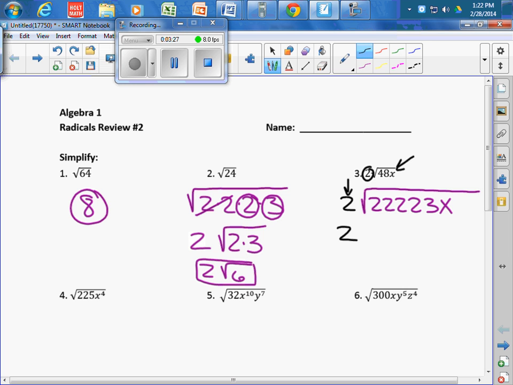This one is already out. Then I'm going to pull out a 2. I'm going to be able to pull out another 2. This 3 and this x stay behind. Final answer, 2 times 2 is 4 times 2 is 8, radical 3x.